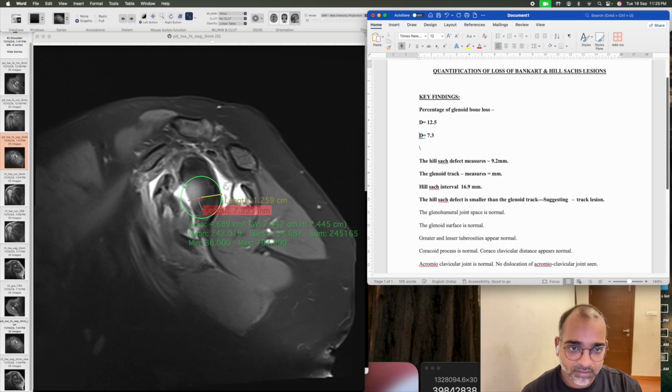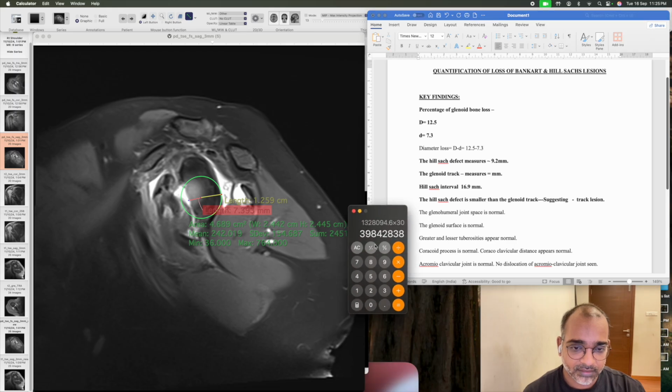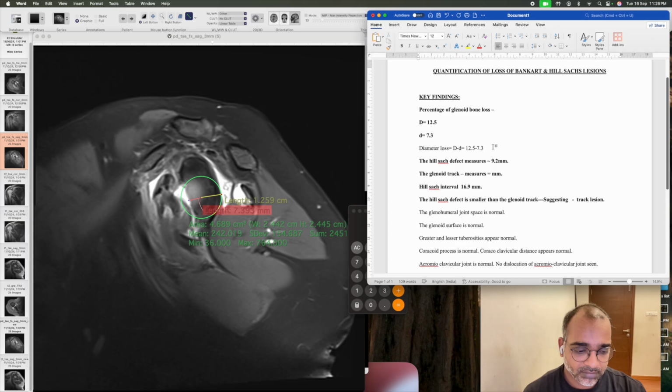So the diameter lost is D minus small d, that is 12.5 minus 7.3, which equals 5.2 mm.